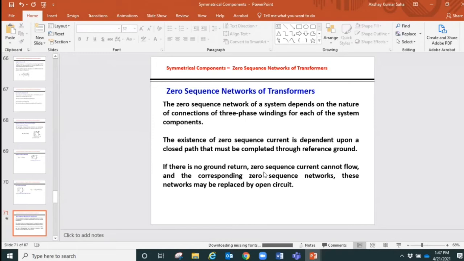And when we do so, we cannot forget about the fact that the transformer operation is very much dependent on what is happening on the secondary side. Meaning, if we connect the primary side of a transformer to a voltage source, what will happen immediately?